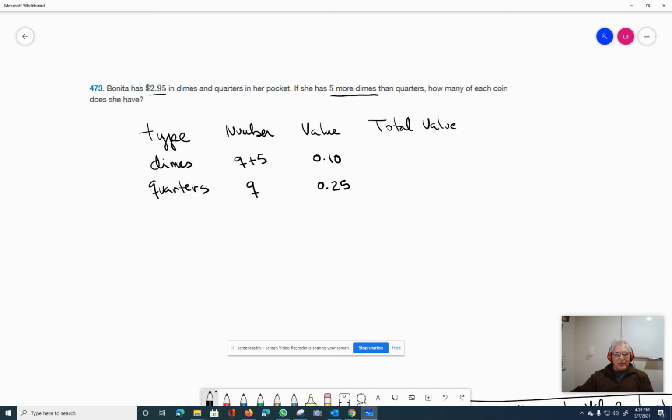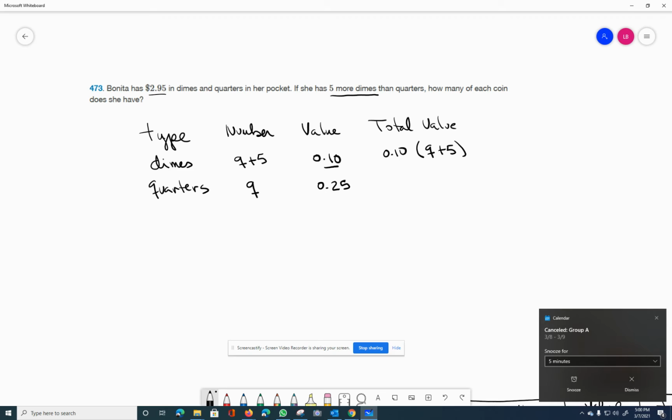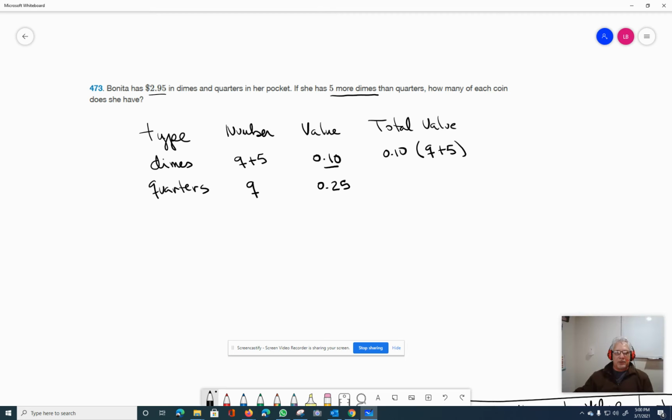And the total value will be the multiplication of 0.10, the value, times the number, Q plus 5, and the next one will be multiplying the value of the quarter times Q. Sorry for the interruption, I'm getting some notifications.